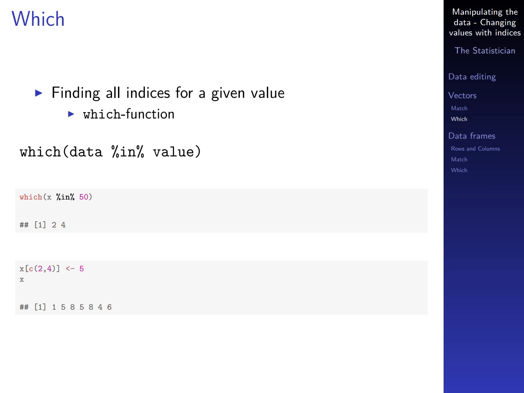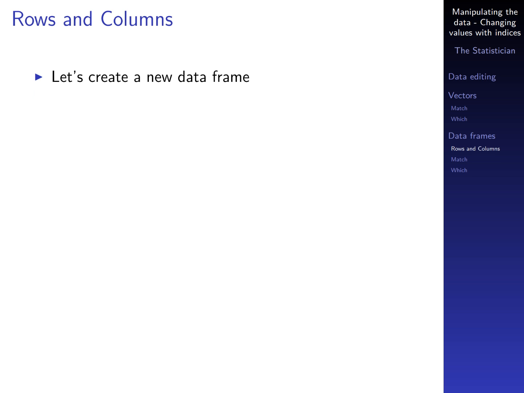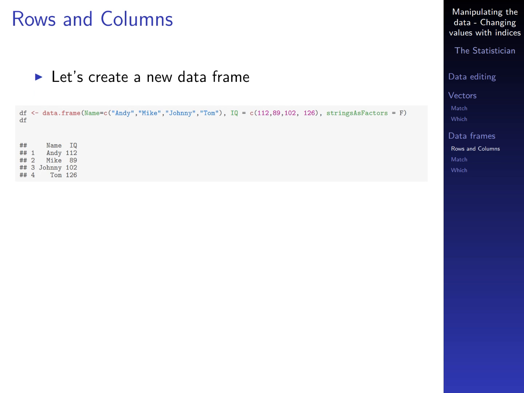Alright, in our next example we deal with data frames. In our example we will have 4 rows and 2 columns called name and IQ.